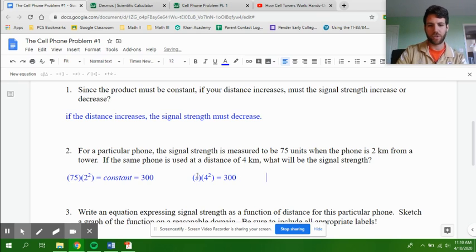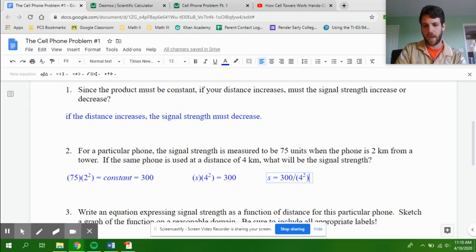And so if that is true, we can divide both sides of this by 4 squared. That would give us an equation of S being equal to 300 divided by 4 squared. Let's check what that equals.